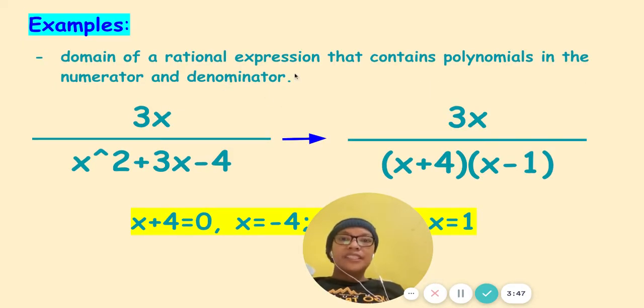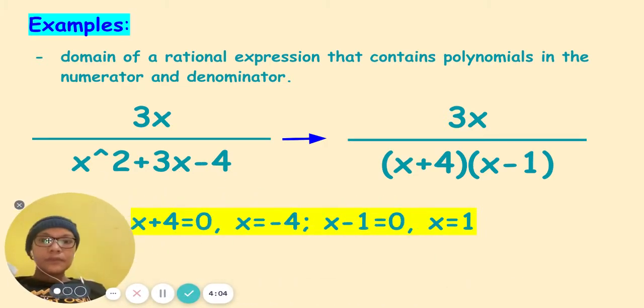A domain of rational expression that contains polynomials in the numerator and denominator. So how about polynomials naman po siya? So trinomial yung given. So what you will do first is to factor it out. So we have x squared plus 3x minus 4. Okay, meron po tayo nito. So, ang gagawin nyo po, i-factor nyo muna yung denominator nyo.